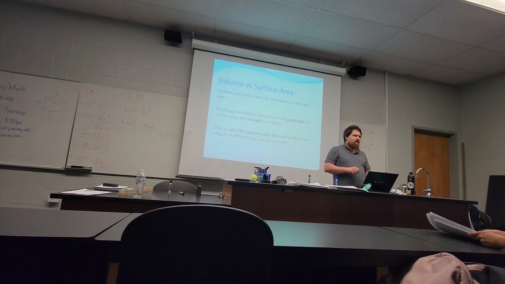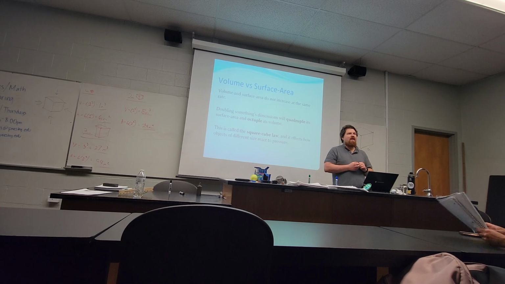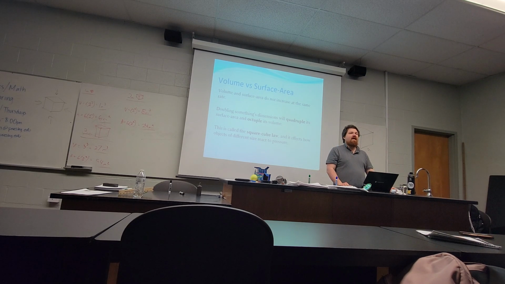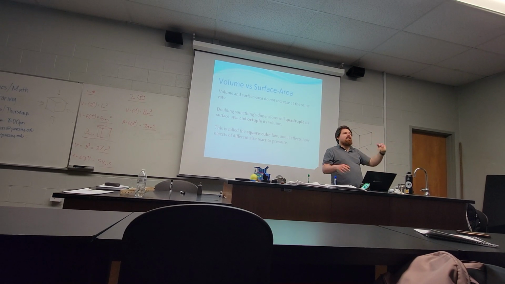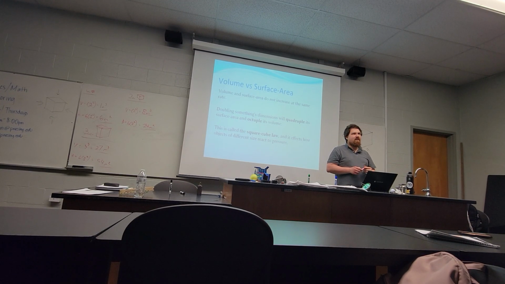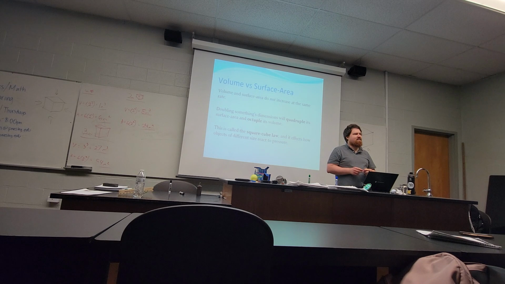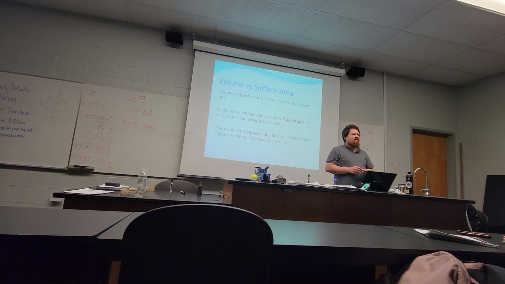This phenomenon is called the square cube law, and it's one reason why we don't have dinosaurs anymore. Because if a dinosaur is just a crocodile, but 10 times bigger, that crocodile is going to have 1,000 times the volume and therefore 1,000 times the mass. 10 to the third, yeah, 1,000.